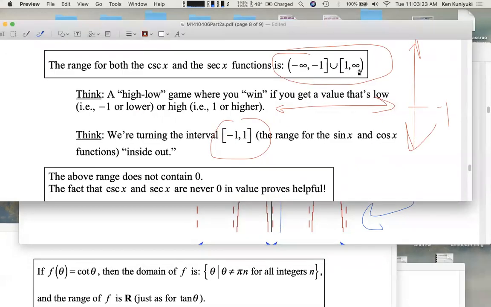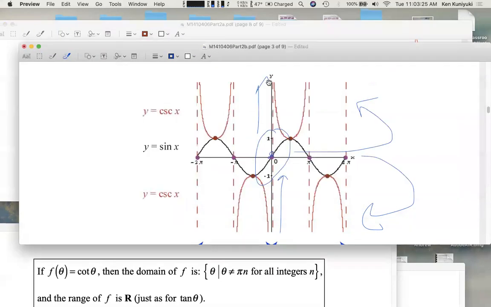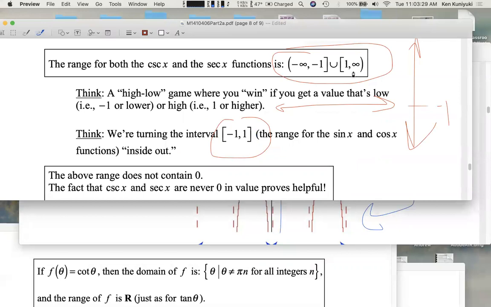A union of these two intervals, high-low. These positive values, union with these negative values. We're turning the range for sine of x inside out, like so.